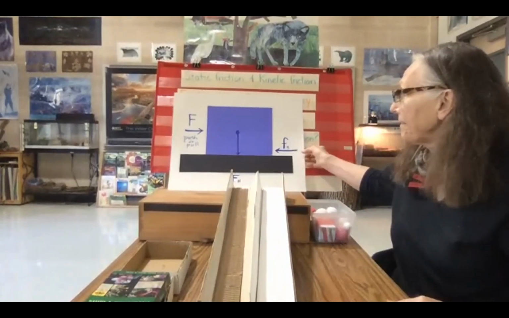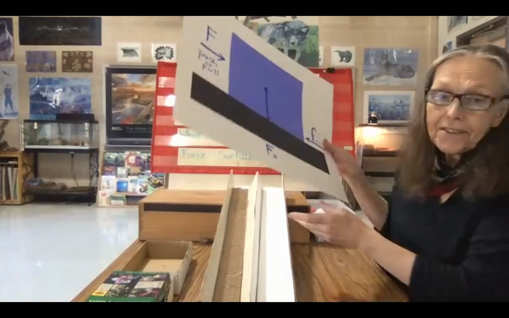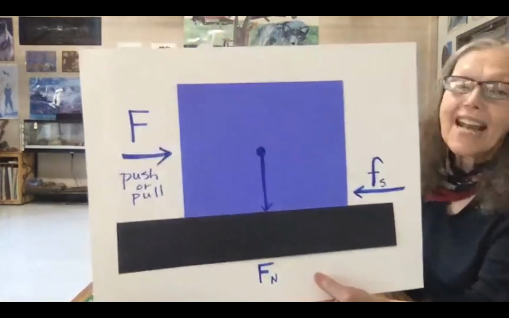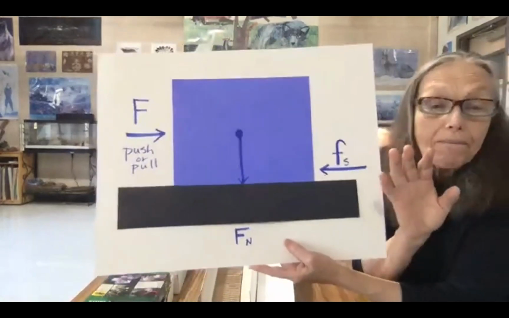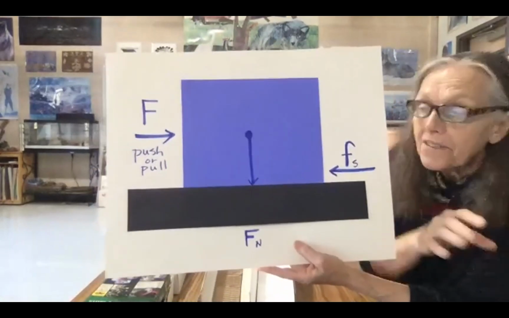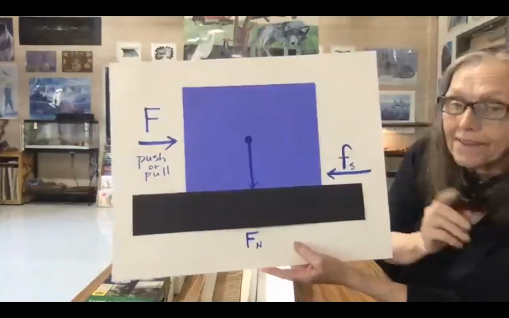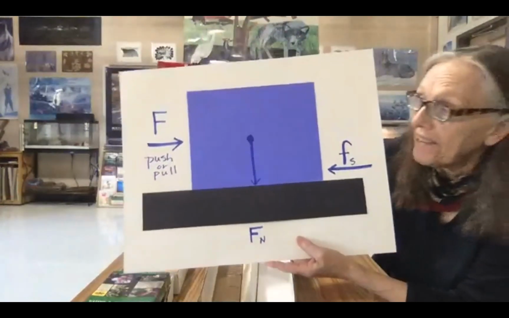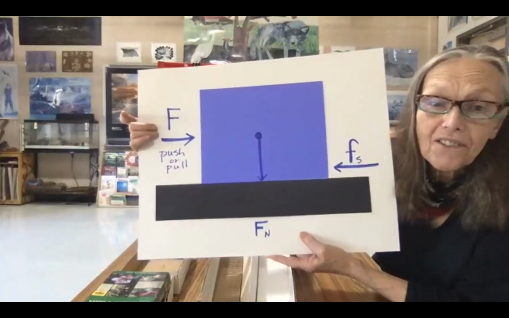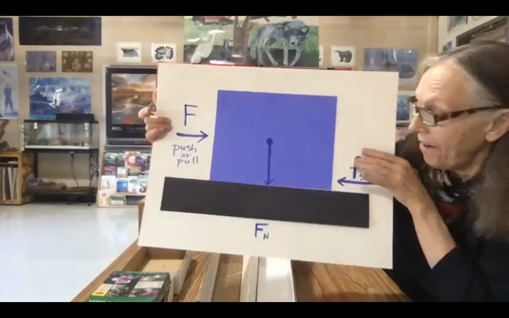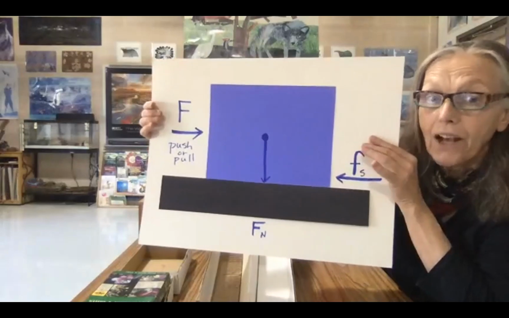There are 2 kinds of friction, static and kinetic. Static just means before anything's moving, when something's just, maybe, a big box sitting there on a table. The force on it and the force of friction are equal. It does not move.